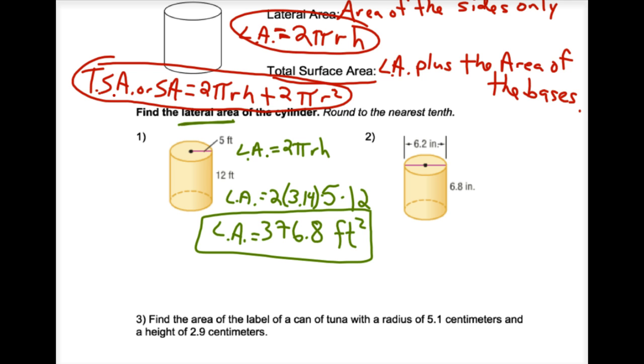All right, next one. Guys, look what they give you, though. 6.2 inches. Is that the diameter or is that the radius? What would the radius be if the diameter is 6.2? Yeah, you got to divide it by 2. So I'm going to jot that down, 3.1. Get rid of my 6.2, don't need that. So our lateral area is going to be 2 times 3.14 times 3.1 times 6.8.